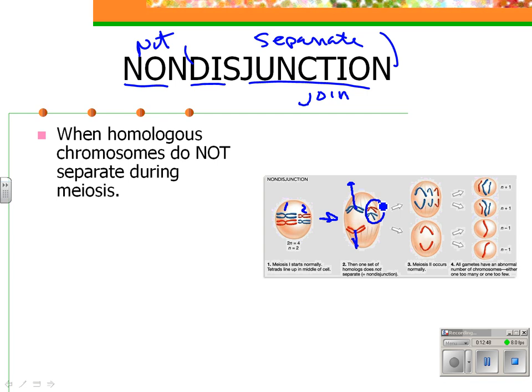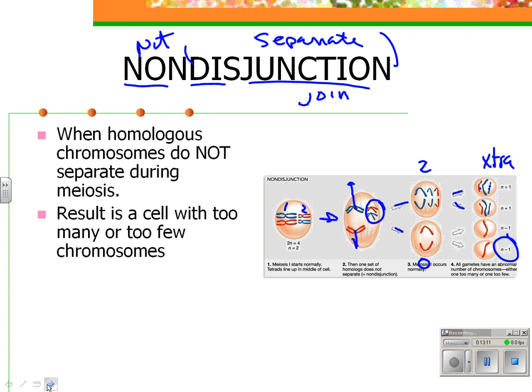So after meiosis 2, when they divide, this cell ends up with 2 chromosome number 2s and 0 over here. So this cell ends up with an extra chromosome, and this cell ends up with a missing chromosome, written as n+1 and n-1. The result is a cell with too many or too few chromosomes.